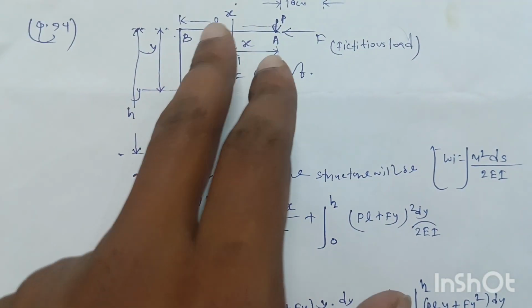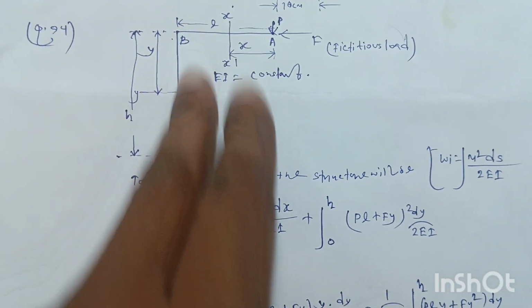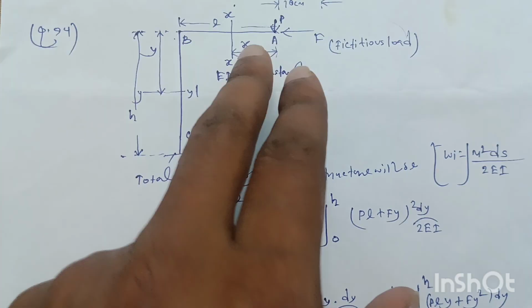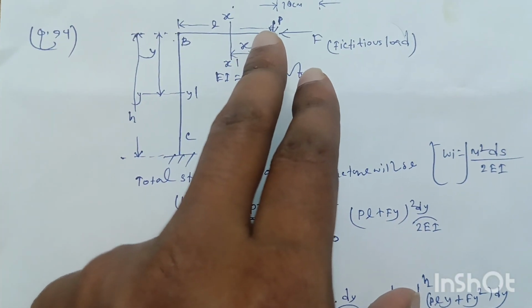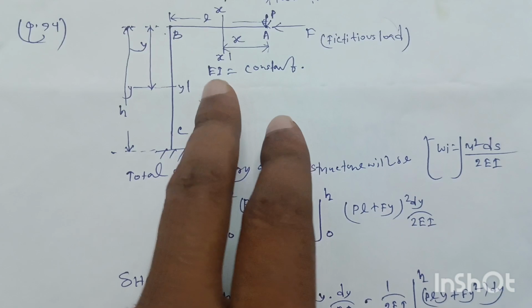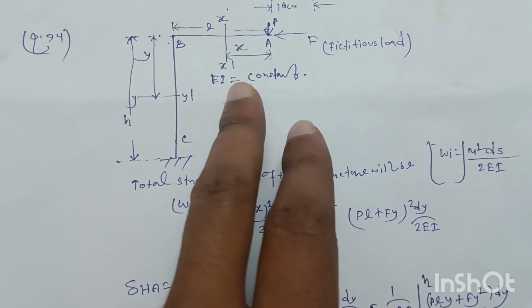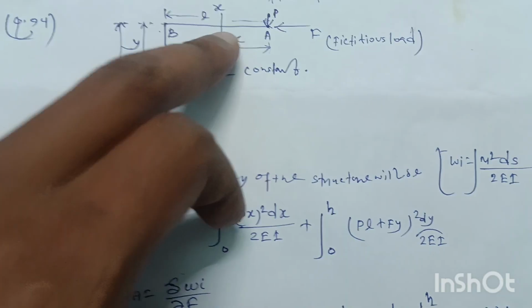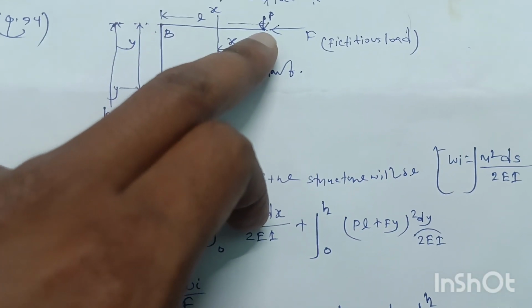AB has a length of L and BC has a length of H, subjected to a vertical point load P at the end A, and the flexural rigidity EI is constant throughout the frame. Now we have to determine the horizontal deflection at the point A.